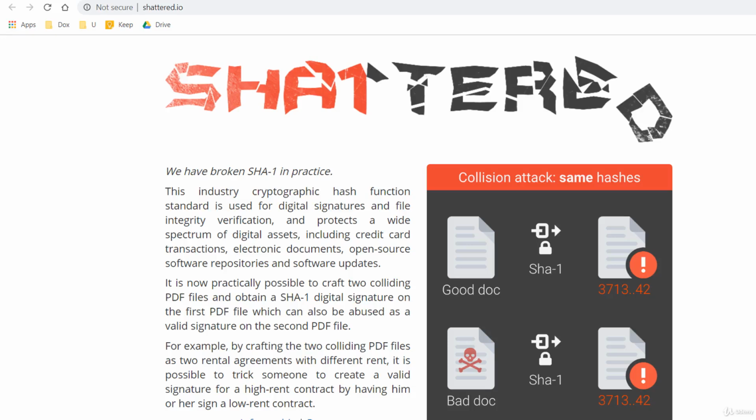By the way, to find these two colliding files was not an easy job. It was the Shattered project led by Google Research Security in 2017. You can find more information here at shattered.io.